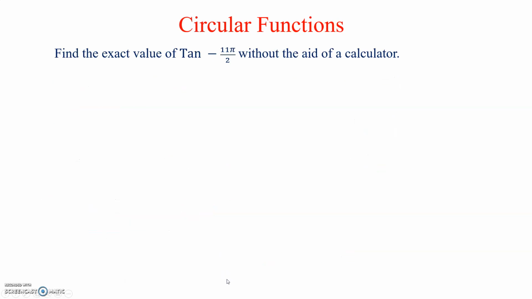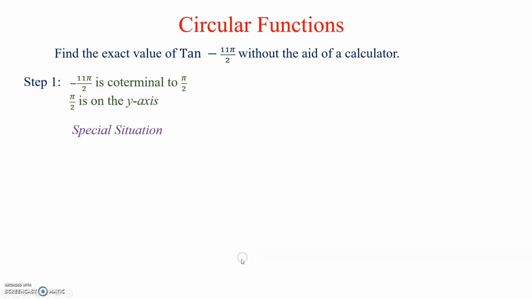All right, I believe this is the last situation. So tangent of negative 11 pi over 2. First step, let's find the coterminal angle. The coterminal angle happens to be pi over 2, which happens to land on the y-axis. So it's not in any of the quadrants. So we have a very special situation here, where the terminal side lands on an axis.